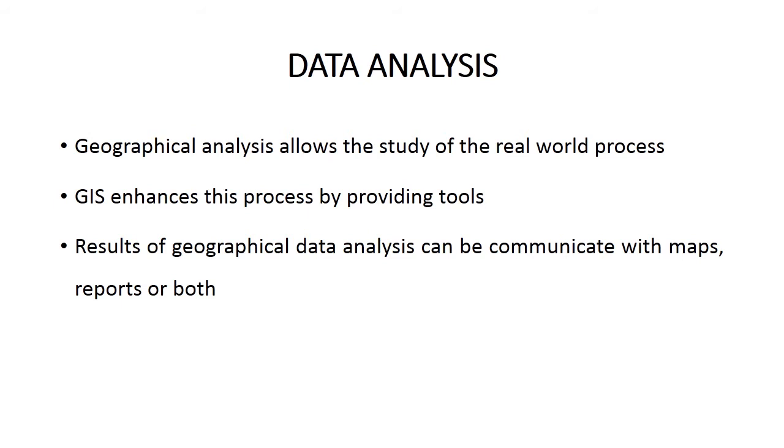Results of geographical data analysis can be communicated with maps, reports, or both. Means whatever result we obtain from data analysis can be communicated with the help of maps, or it can be represented in the form of reports, or both together.